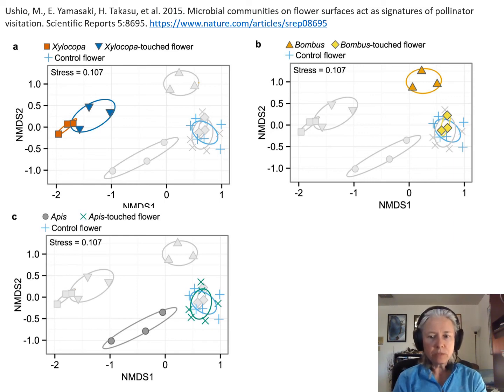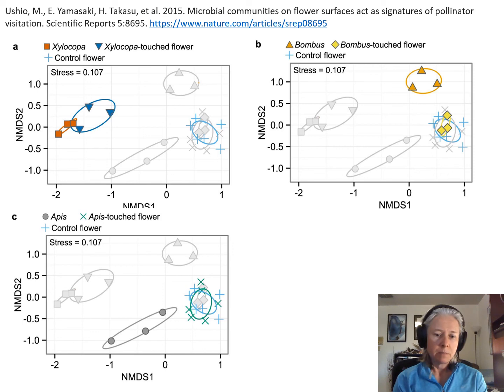So in this figure, it shows NMDS ordinations, which they conducted with Bray-Curtis similarity and showing 95% confidence ovals of the microbial communities from three different insect pollinators and from flower surfaces.